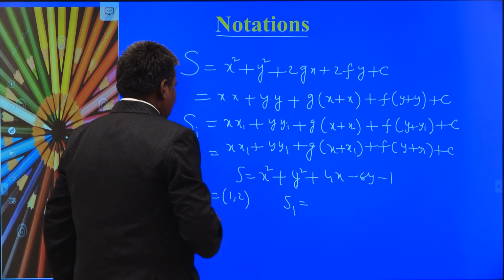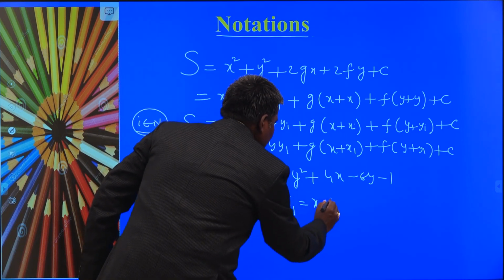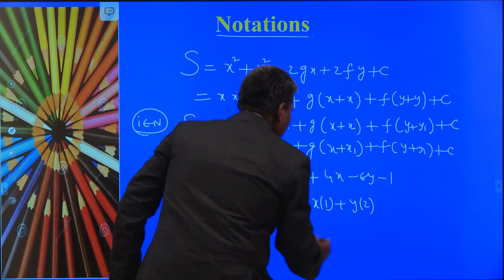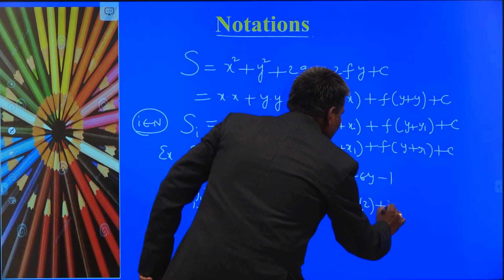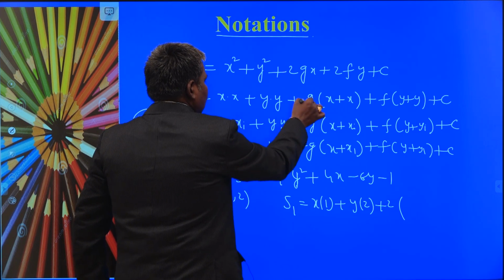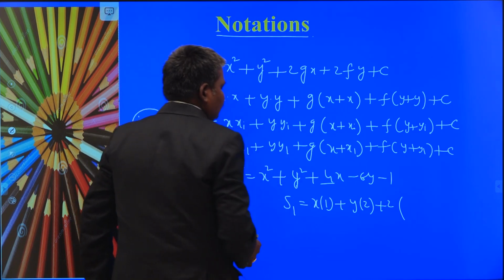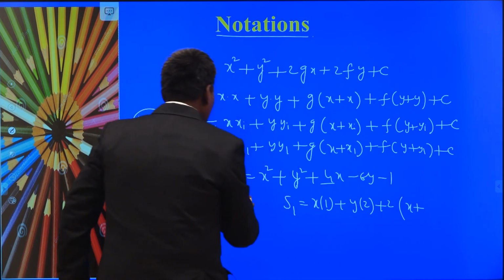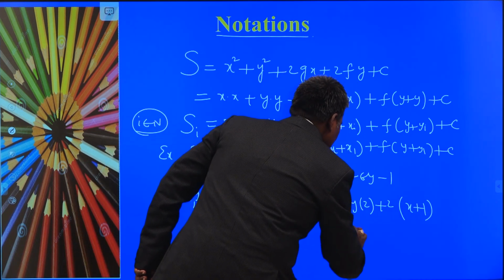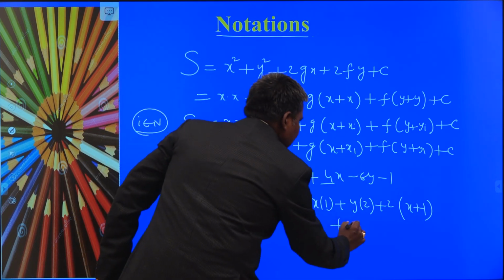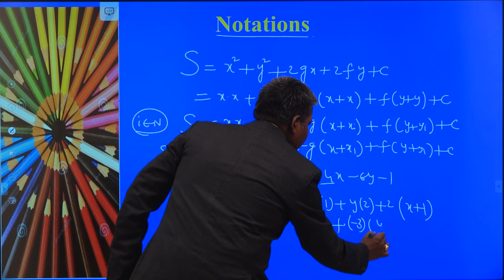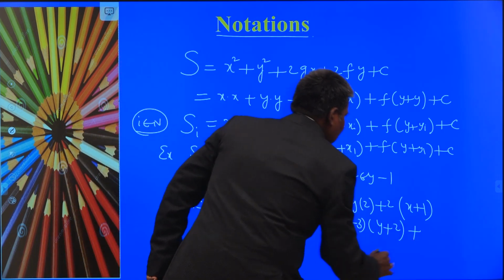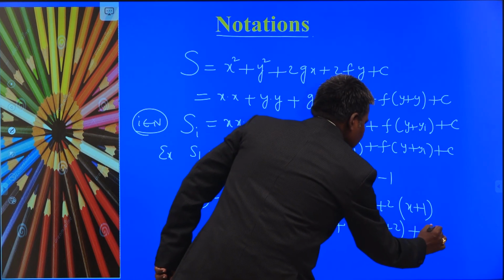You can build up S1 as x into x1, which is 1, plus y times 2, plus g times, half of 2g, that is half of the x coefficient, so g is 2. Times (x plus x1), which is x plus 1, plus, that is here minus 3, minus 3 times (y plus y1), and y1 is 2, plus the constant. What is your constant? Minus 1.